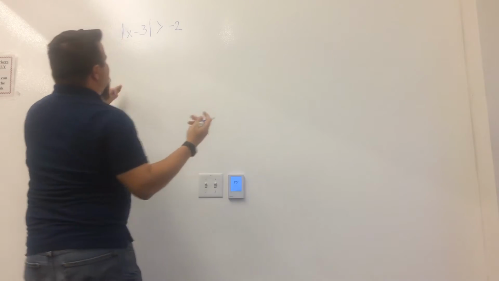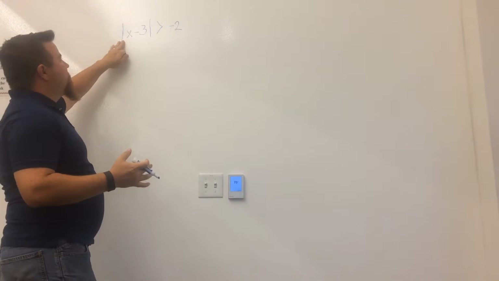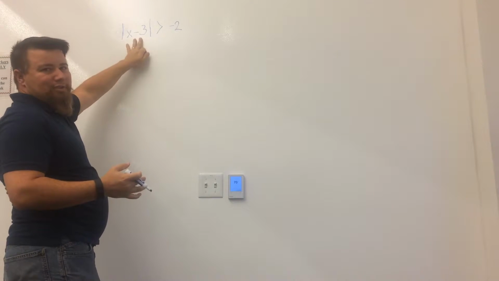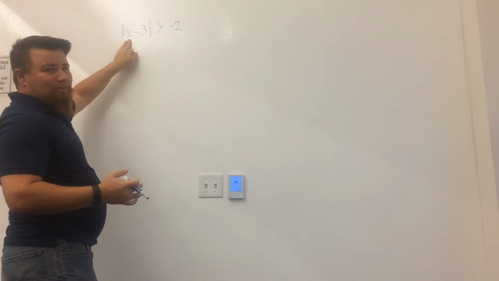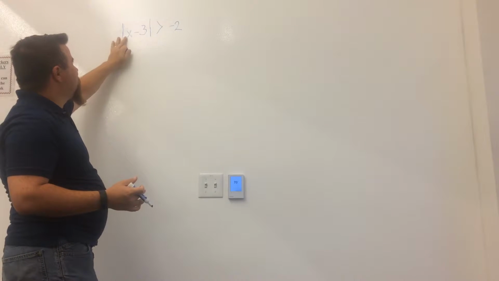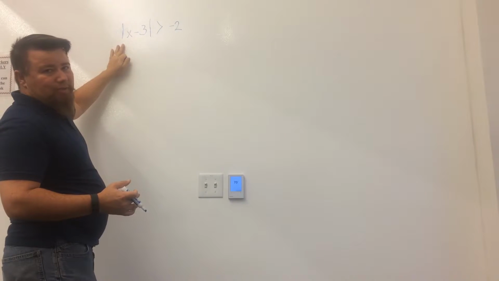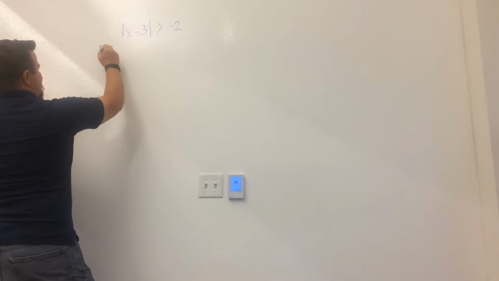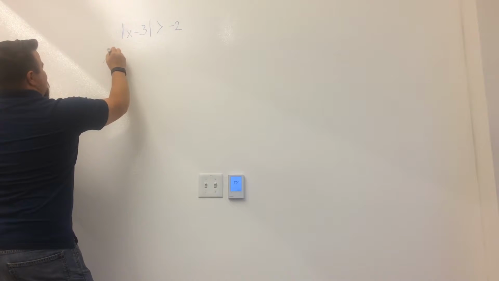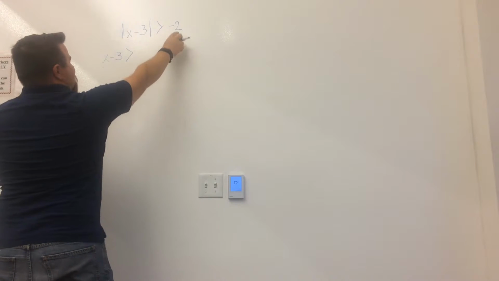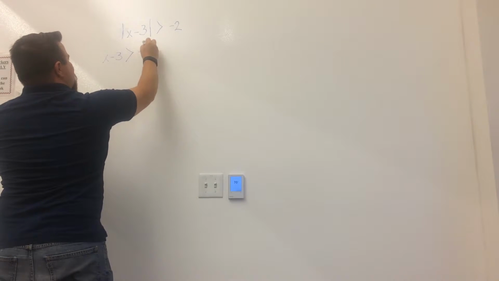Okay, so to figure out what x is, you have to take this out of the absolute value brackets. And so you're going to have x minus 3 is greater than this value, negative 2.